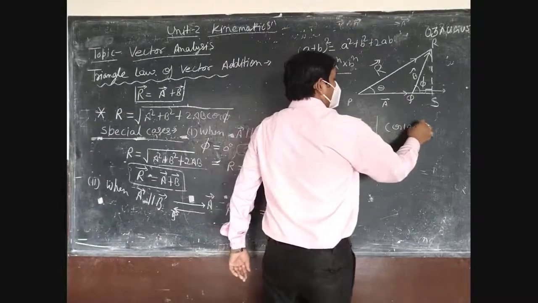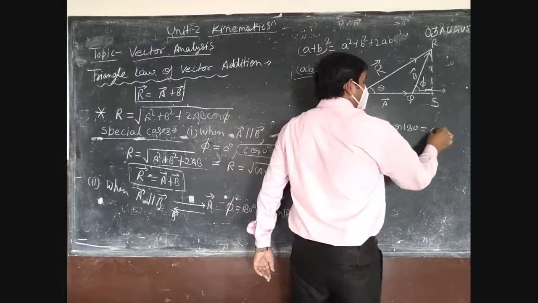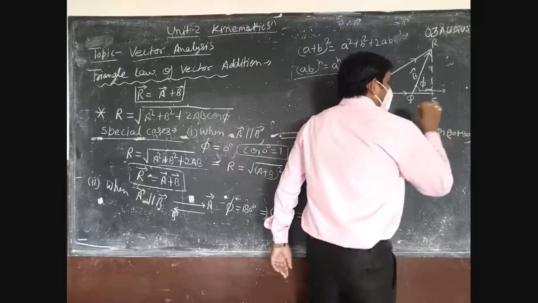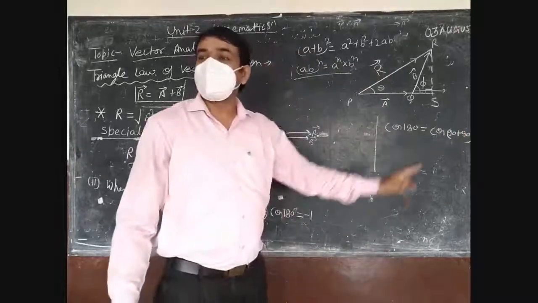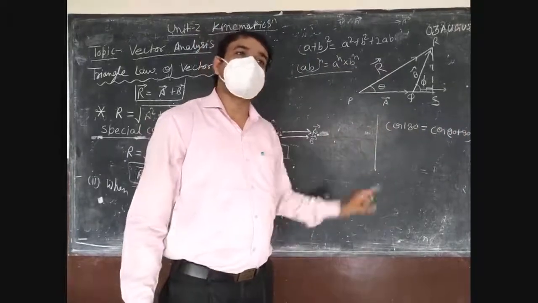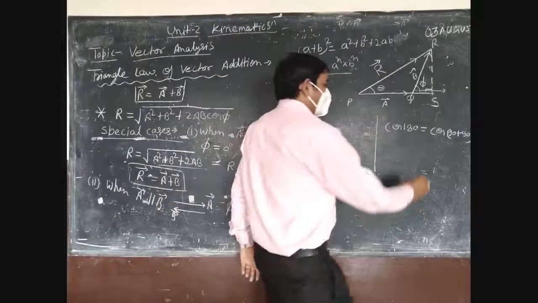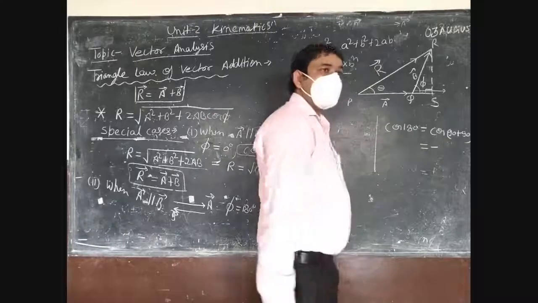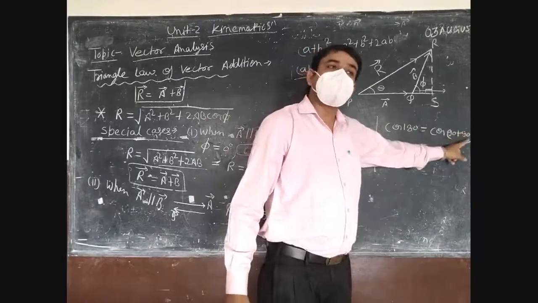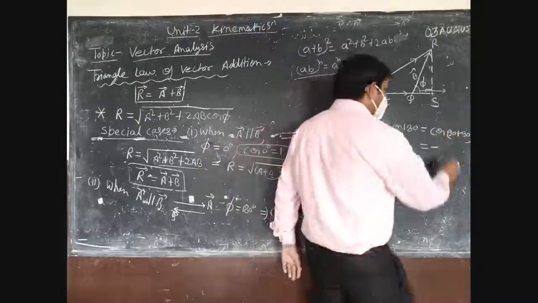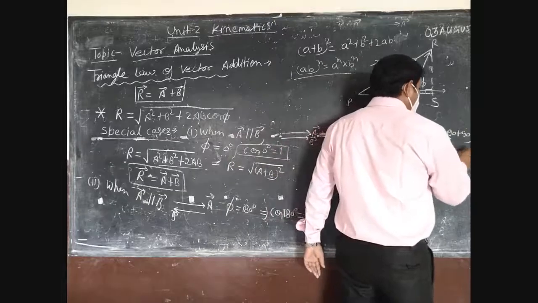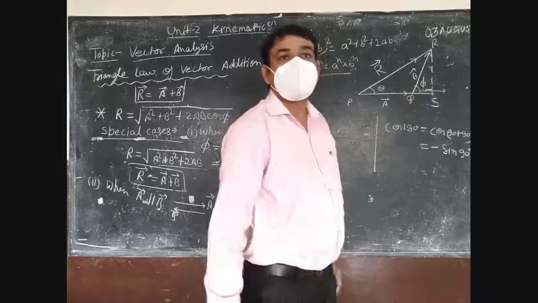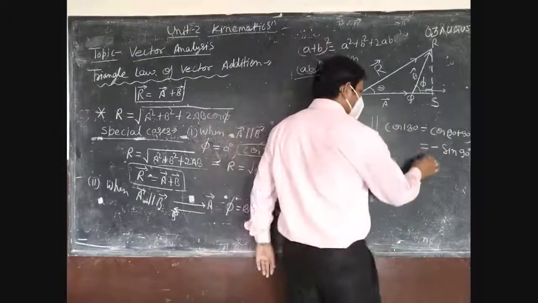Cos 180 you can write as cos (90 plus 90). Now cos (90 plus theta) is in the second quadrant, and you know that in the second quadrant the value of cos is negative, and 90 changes cos theta into sin theta. You will get the result minus sin 90, and sin 90 is 1.